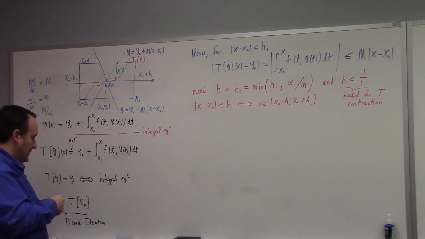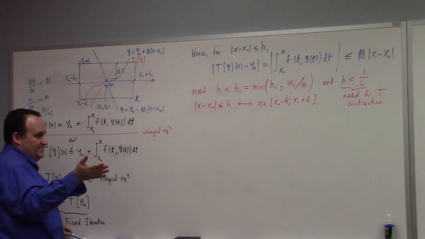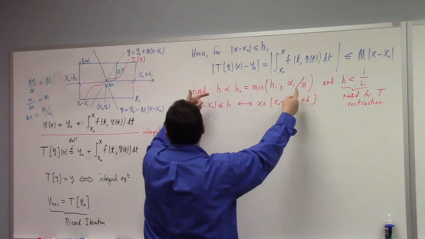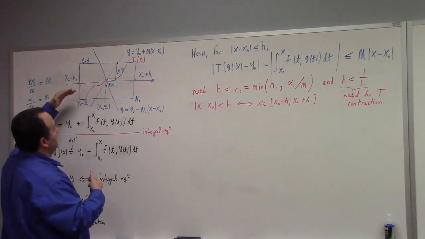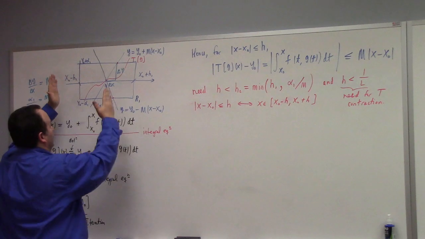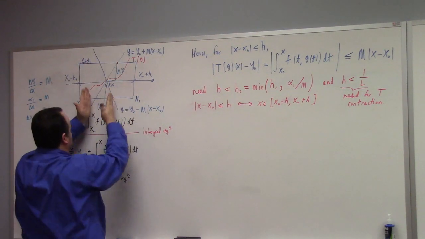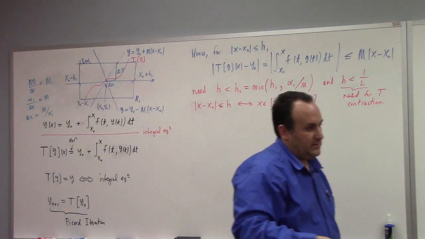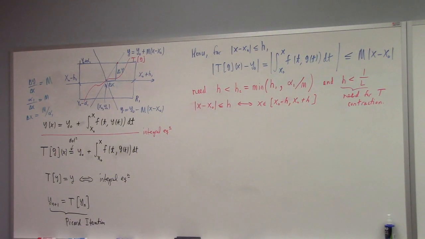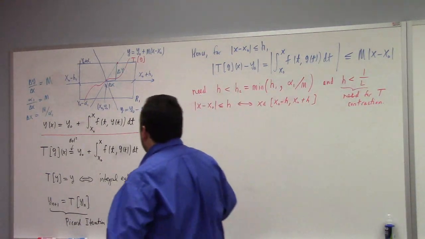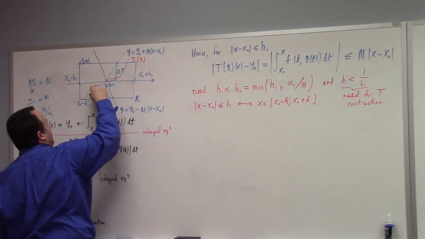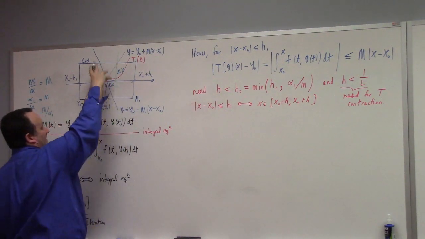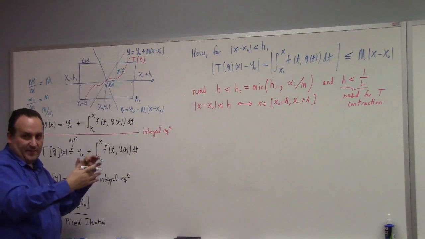Anyway, let me stop talking. Bottom line is, assuming this condition on h, that truncates the picture here, if I can muddle my picture a bit. It narrows the context to here, where the T of G can't get out of the new, shrunk box.